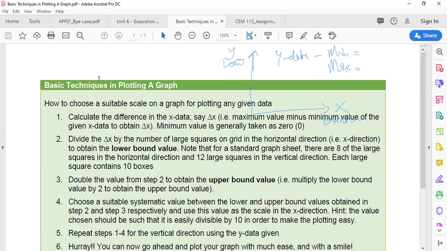Your graph sheet is like this originally. The longer one is vertical and the horizontal is short.